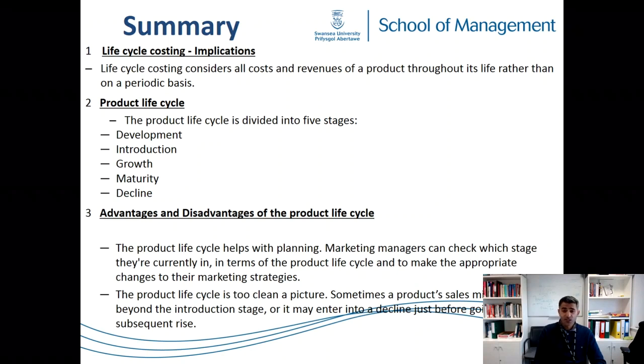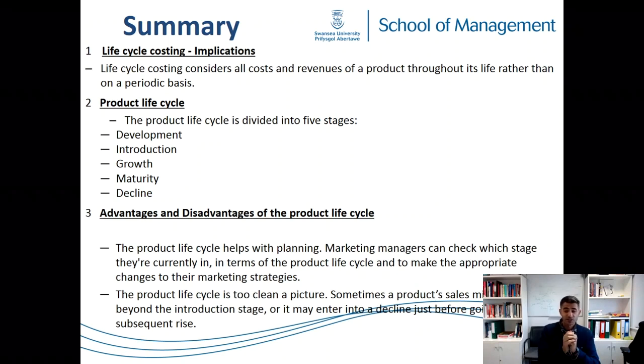Some companies have another stage after maturity. When they see the product is established and strong in the market, they have an extension stage, when they develop other lines from the same product. For example, Coca-Cola Zero, stuff like this.